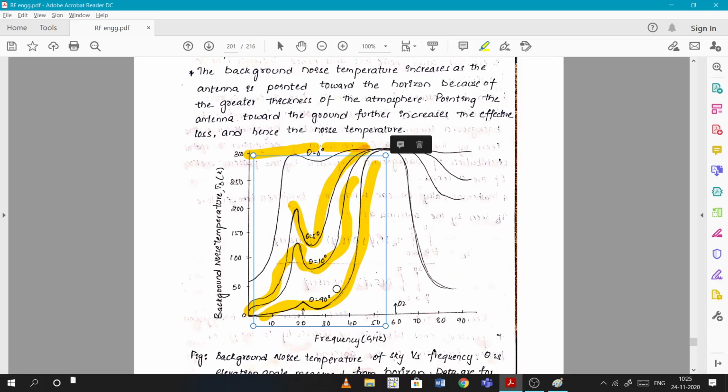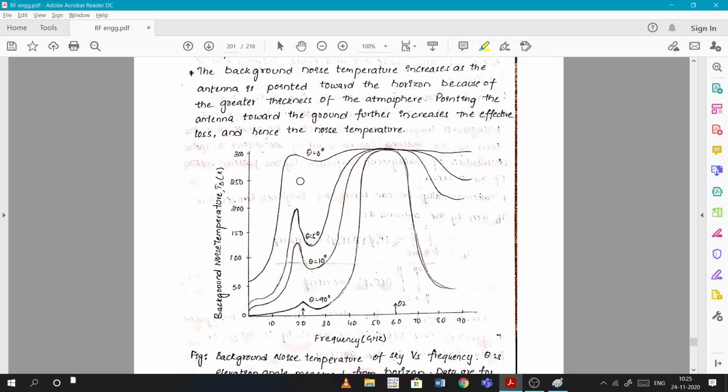Okay, so this graph is between background noise temperature TB versus frequency. Here we can observe there are two spikes coming up, right? One is here at this point, and one at another point. Why did we get these peaks? These peaks are caused by particular molecules present in the atmosphere.